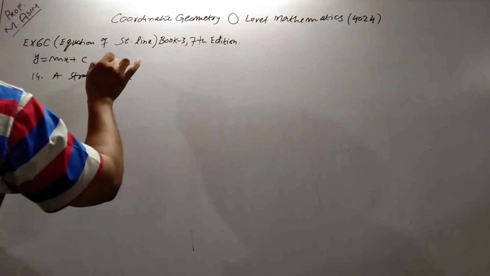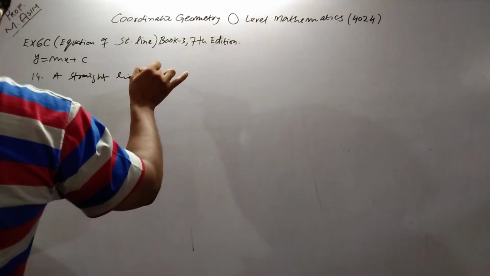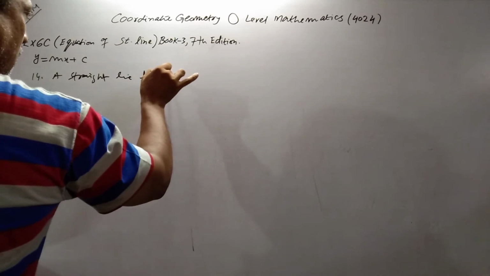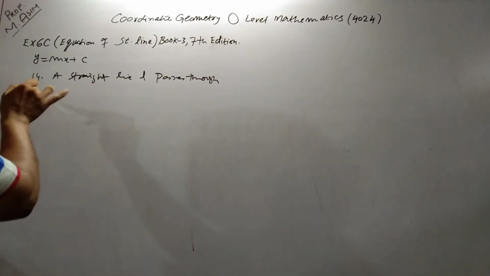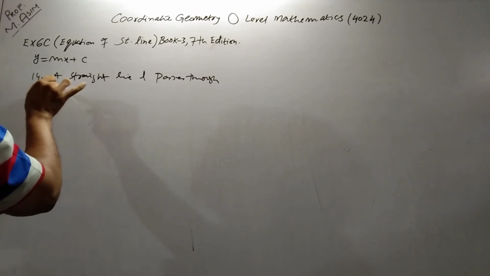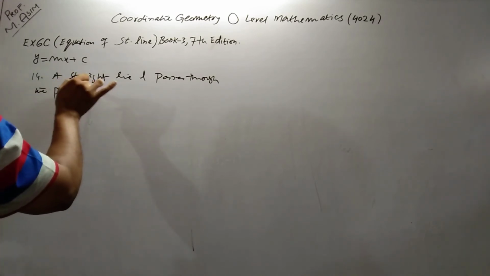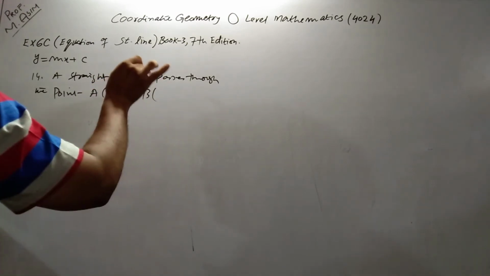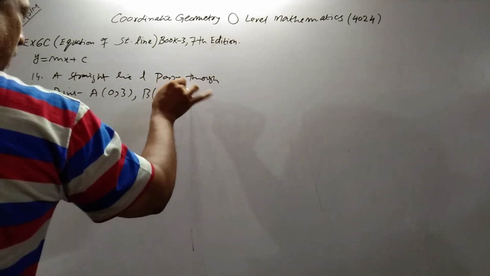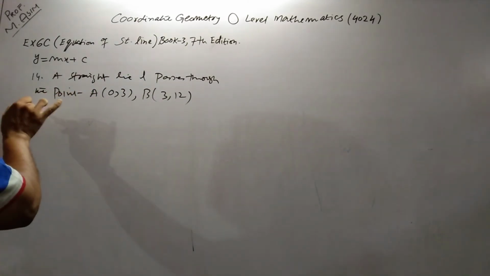A straight line L passes through the points A (0, 3) and B (3, 12).